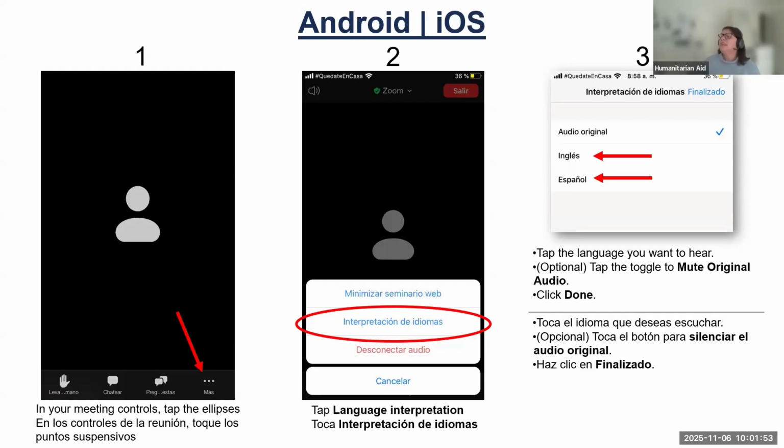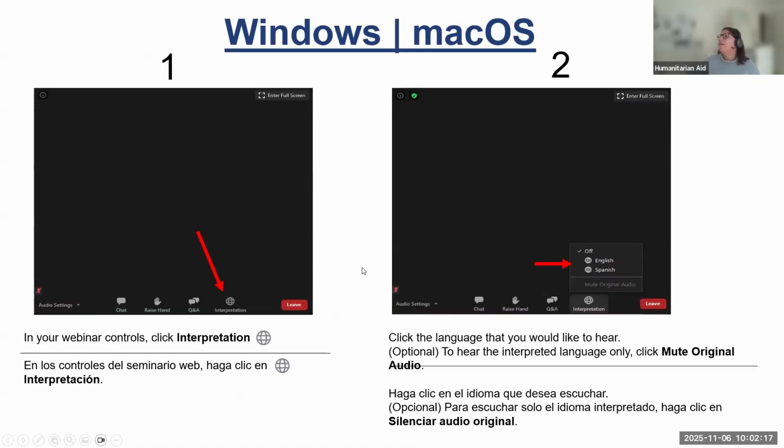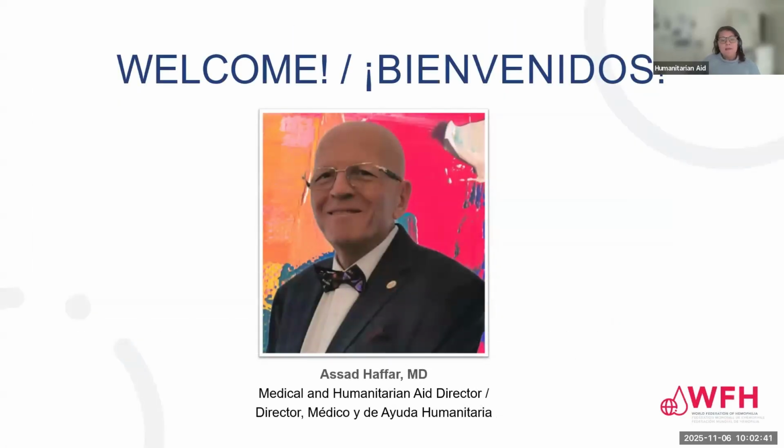If you are using a cell phone, please check the three dots at the bottom of the cell phone, click interpretation, the language, and then choose the channel that you'd like to listen to. For persons using a computer, you can see the interpretation button at the bottom of the screen, and please choose the channel that you'd like to listen to the webinar, okay? It's my pleasure to introduce Dr. Assad. He is the Director of Humanitarian Aid and Medical Training.